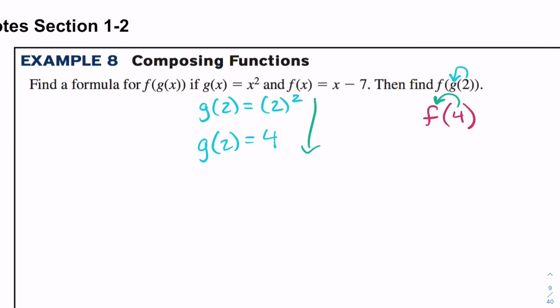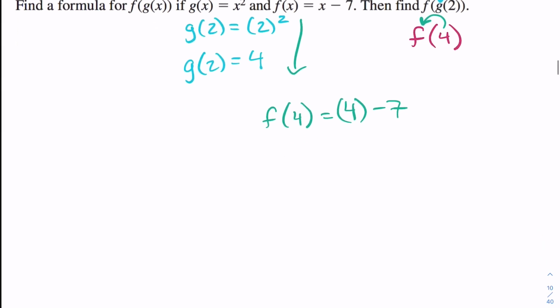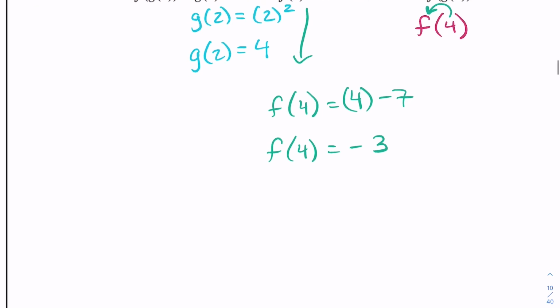So here I have f of 4 equals 4 minus 7. And so f of 4 equals negative 3. And finally, I write it as f of g of 2 equals negative 3.